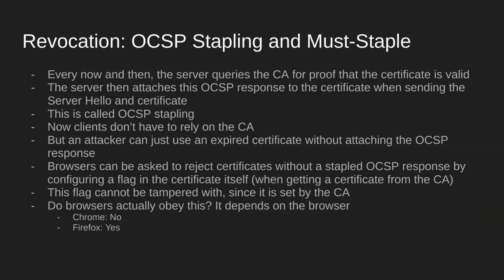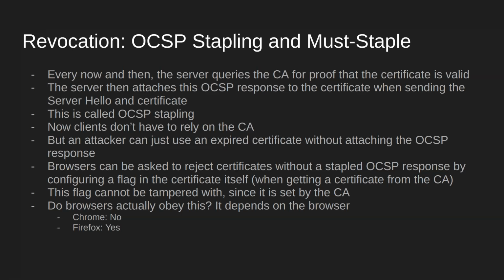The benefit of this is clients don't have to contact the CA, so it protects privacy and reduces load on the CA. The CA doesn't even have to be up because, once the server gets the proof, it can reuse that proof until it expires, and then it has to ask for another proof. So that's good.